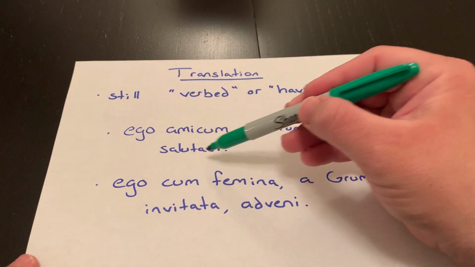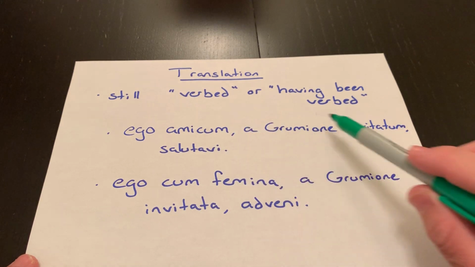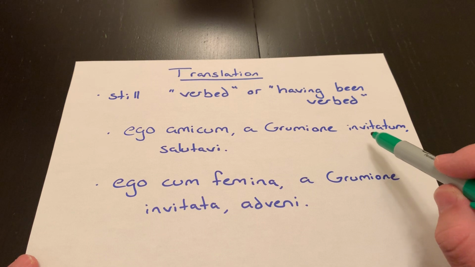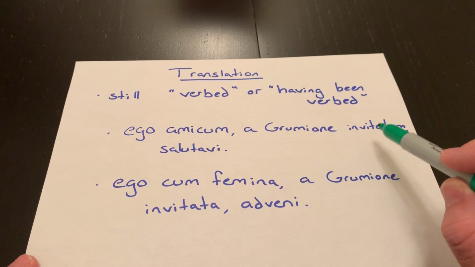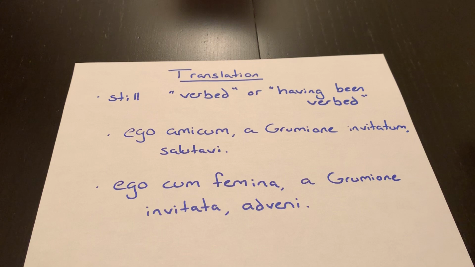So I greeted the friend invited by Grumio. Okay, notice that the translation of the participle didn't change at all. I greeted the friend invited by Grumio, or having been invited by Grumio. The participle moved because it's modifying now the accusative, but the translation itself is the same.